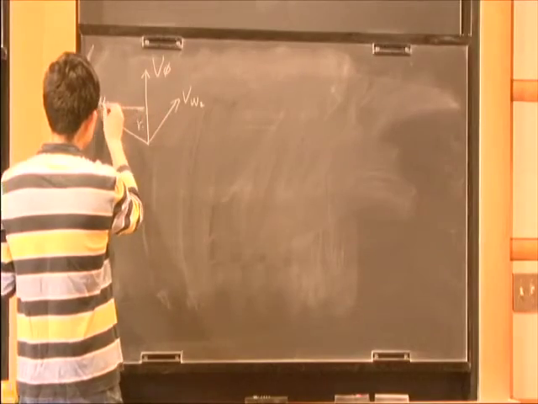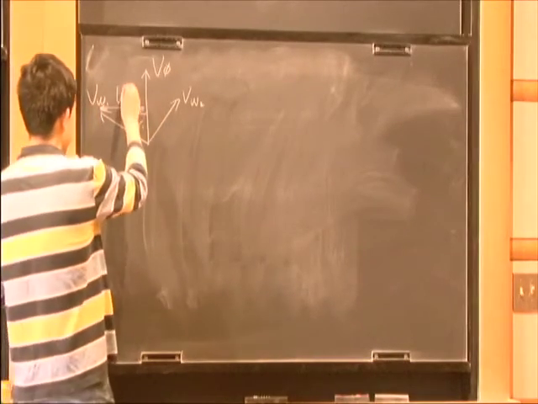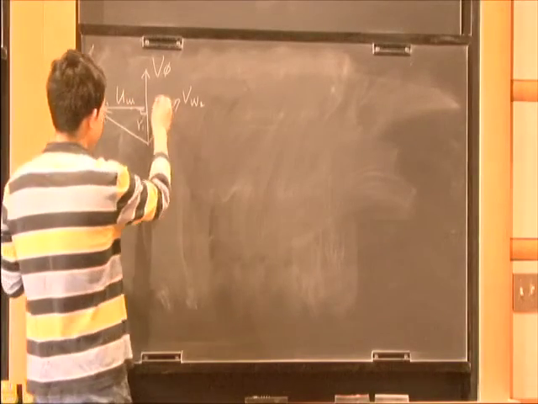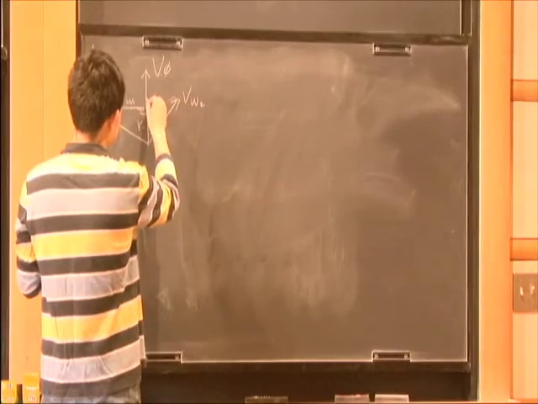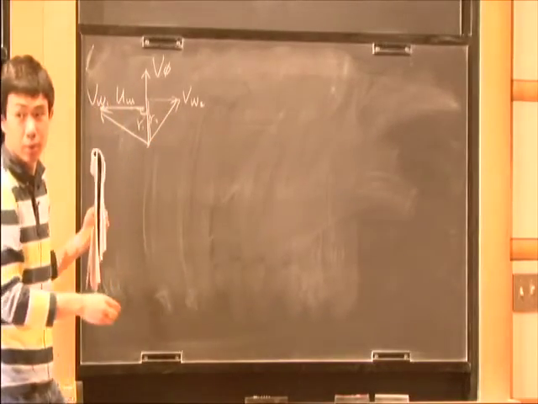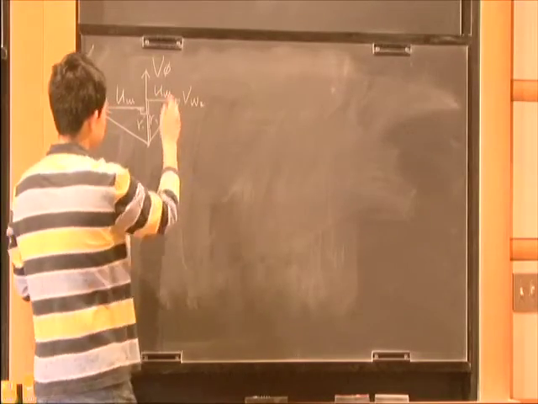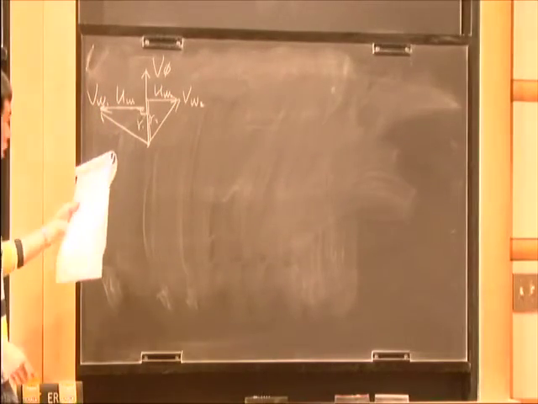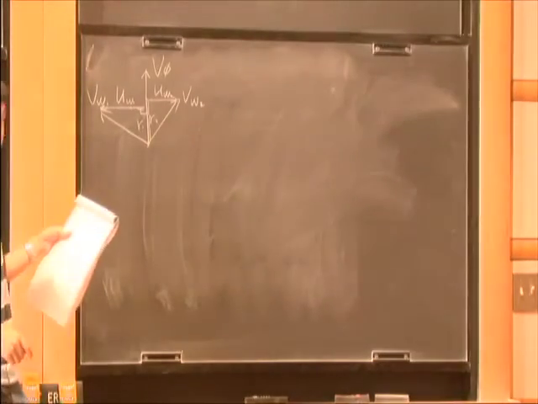This vector, which is orthogonal to V0, we call U of W1. Again, this part is R2, and this vector we call U of W2. Now we look at the inner product of U of W1 and U of W2.